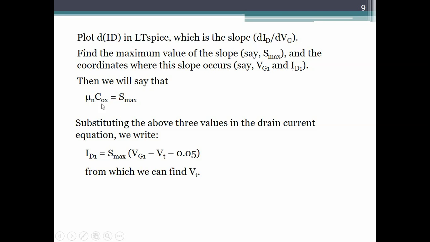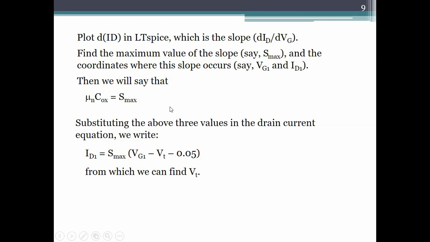Then we say mu and Cox is equal to S max, the slope. And then we can write this equation, ID1 is equal to S max times Vg1 minus Vt minus 0.05, where S max, ID1, and Vg1 you found from SPICE, therefore you can find Vt from this method.